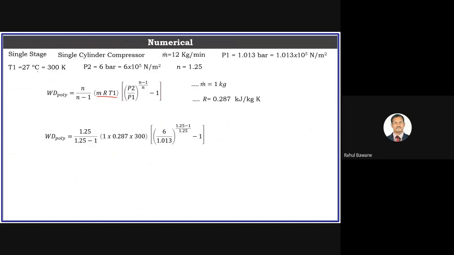Kelvin. Now, a very basic question, many times asked in the external exam: why do we convert into Kelvin? In many applications, we use absolute temperature in Kelvin rather than degrees centigrade. Why? Suppose air is taken in at 0 degrees centigrade, and if we take the temperature as 0, anything multiplied by 0 will be 0.